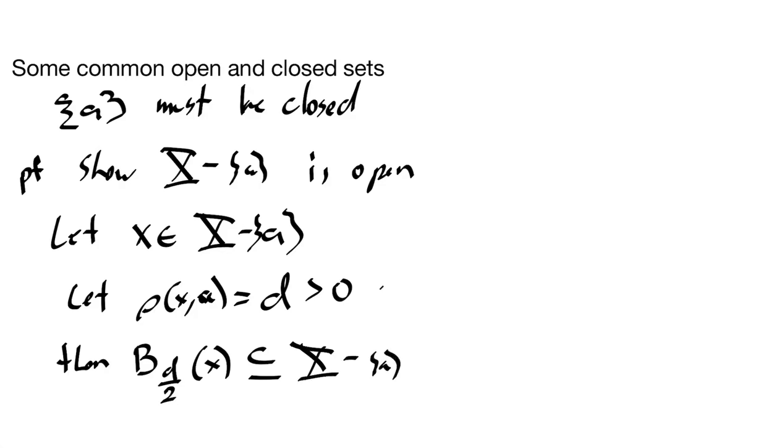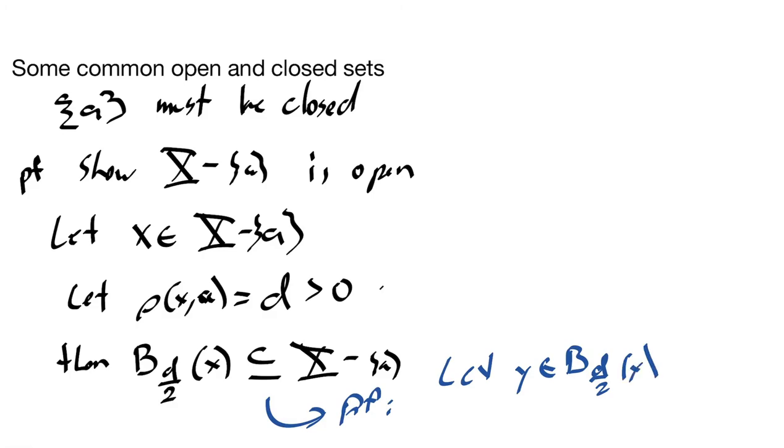Let's not go through the proof, but if I wanted to, I could prove that. That could be proved by picking some random point. Let Y be in the ball of radius D over 2 of X. Then I show that Y can't be A, right?